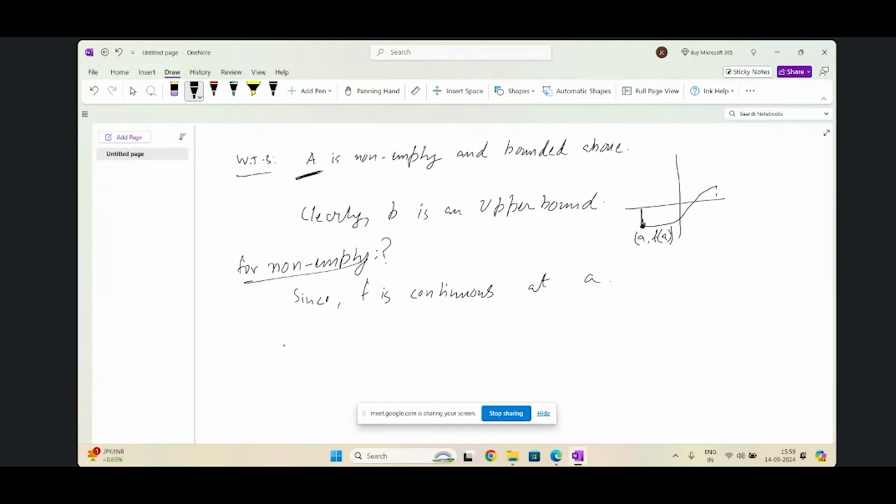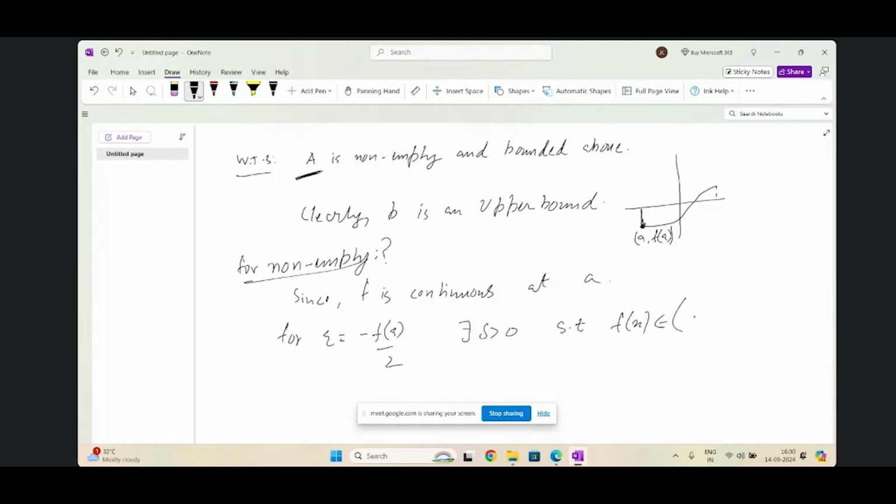So since f is continuous at a, I can say that for epsilon equal to minus f(a) by 2, there exists delta greater than 0 such that f(x) belongs to (f(a) minus epsilon, f(a) plus epsilon), right?